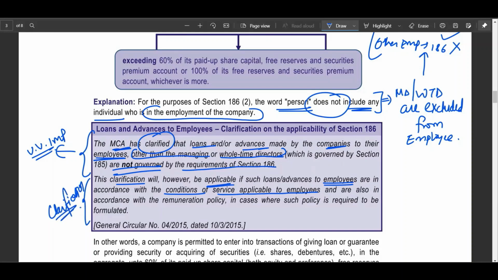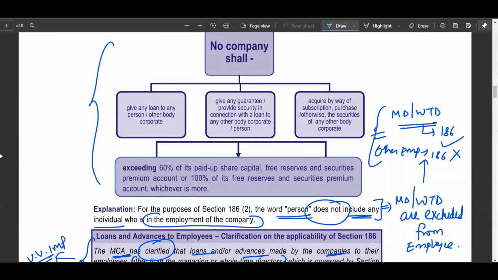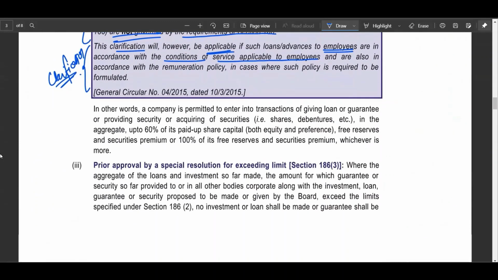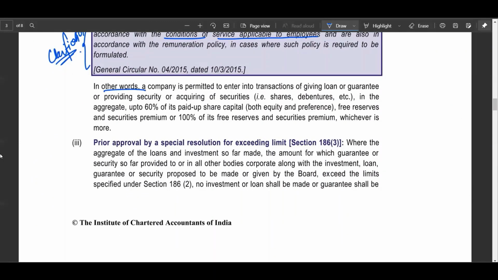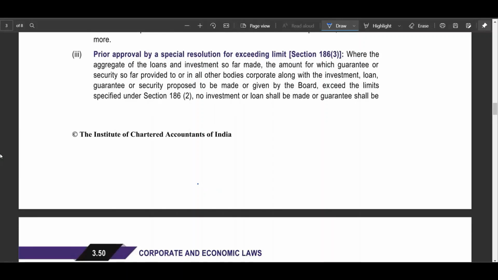All right, so let's see it through a chart here. No company shall give any loan, give any guarantee, provide any security, or acquire by way of subscription, that is investment, exceeding 60%. This is a limit which we will discuss. Wait for a few minutes. In other words, this is nothing, just ignore that for the time being.